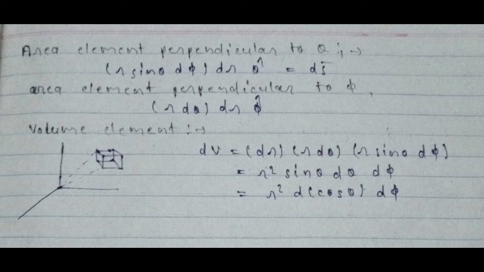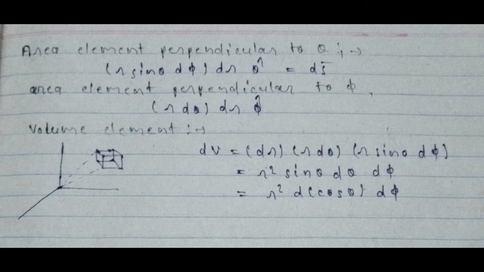So this distance shown by green or shown by red is dr. This distance, moving in theta direction, is r d theta, and the distance perpendicular to both is going to be r sin theta d phi.